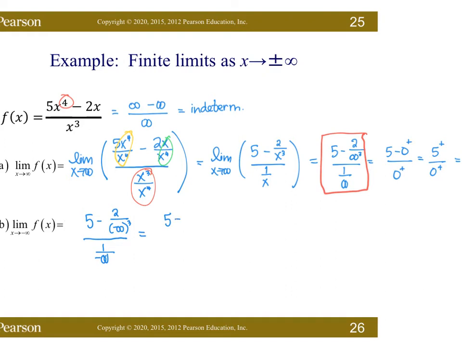So that'll be 5 minus 0, and it's still a minus, because negative infinity cubed would have 3 negatives in it, over 0 minus. So that would be 5 minus over 0 minus. So again, we have a 0 in the denominator, and we're dividing by the smallest number possible, which will give me the largest number possible, but with a negative sign.